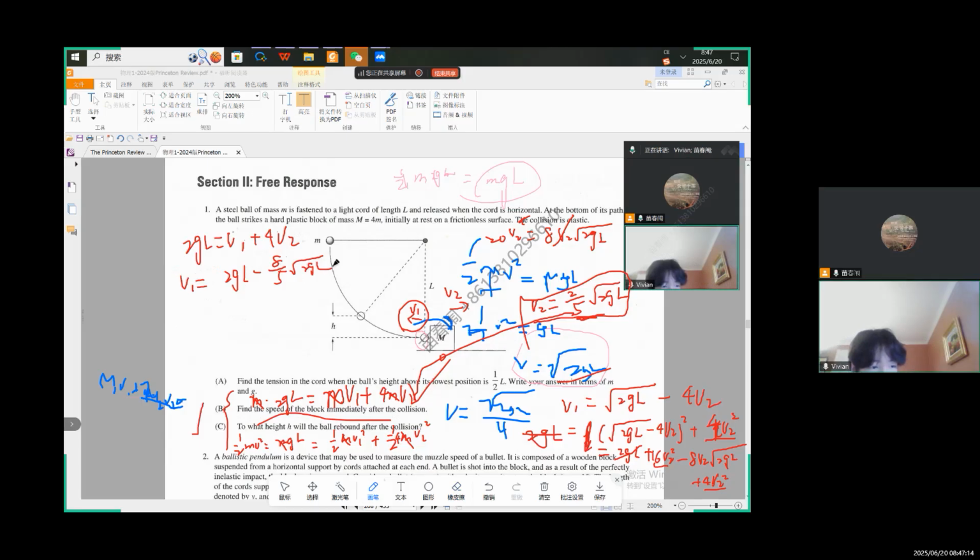So this is v1. And then what's the height?